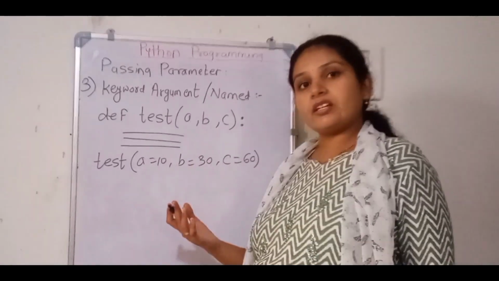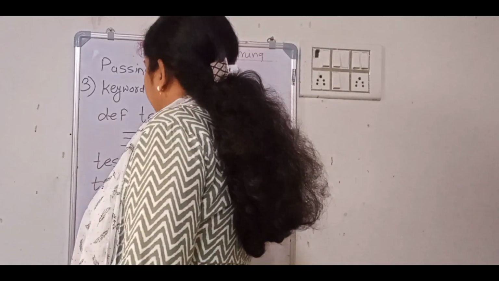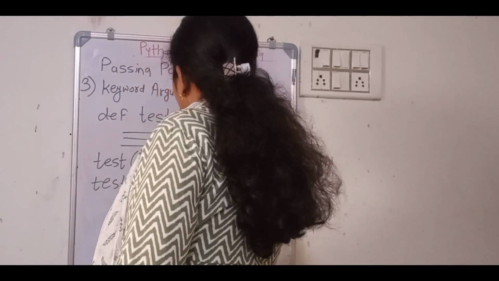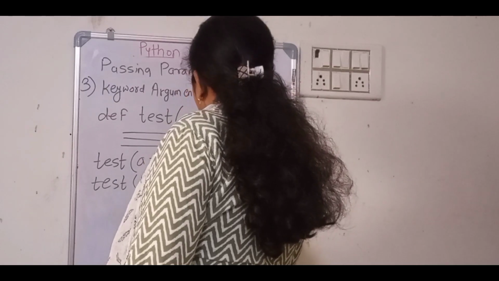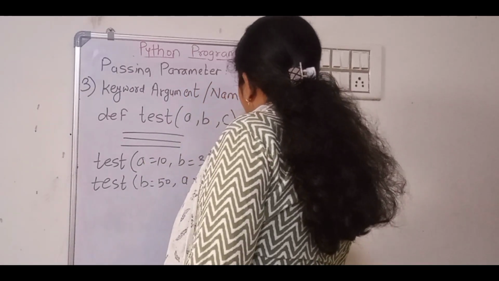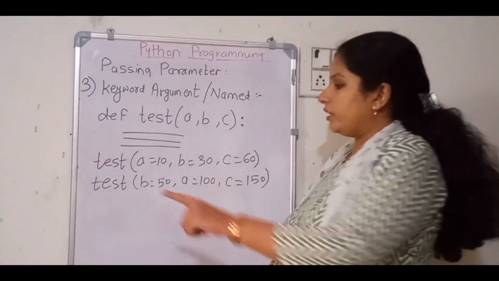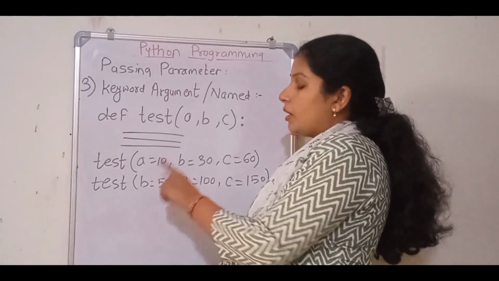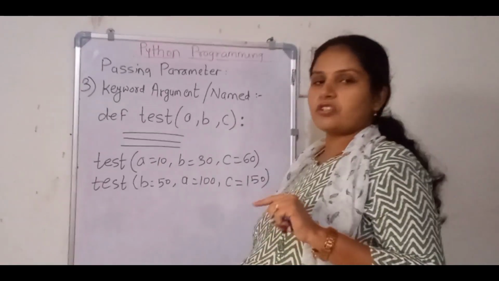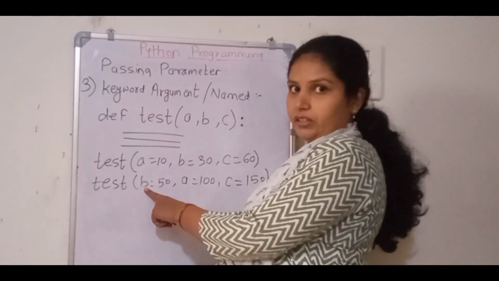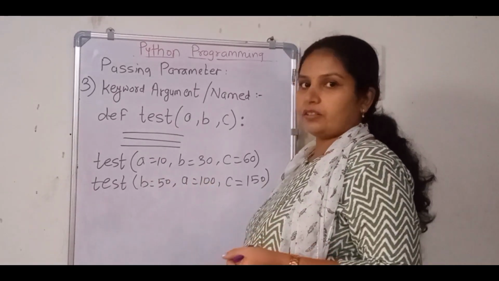Now we can change the sequence also here. Test, suppose I can write B equal to 50, A equal to 100, C equal to 150, and that is also okay. Here we have changed the sequence, but sequence or position doesn't matter because we are mentioning the name directly, so the interpreter won't be confused.